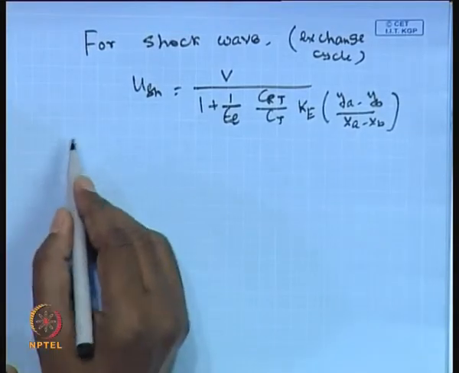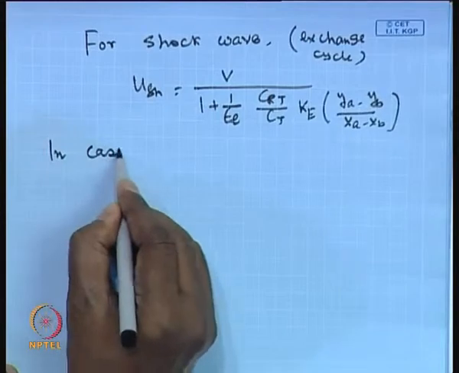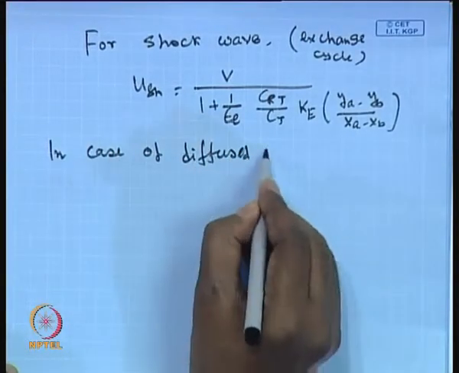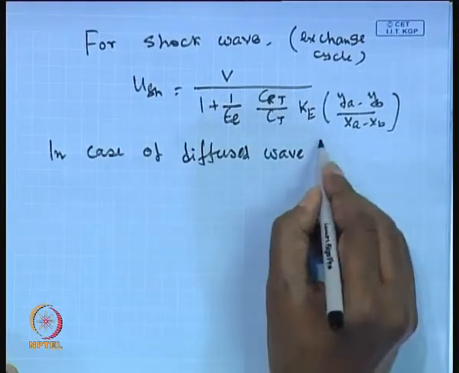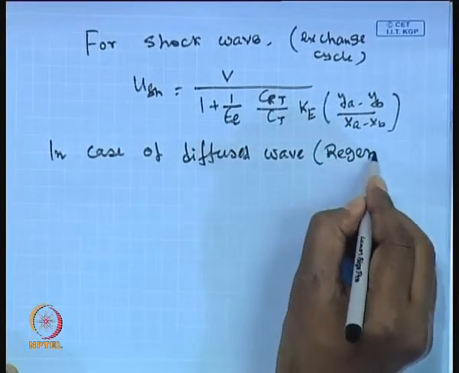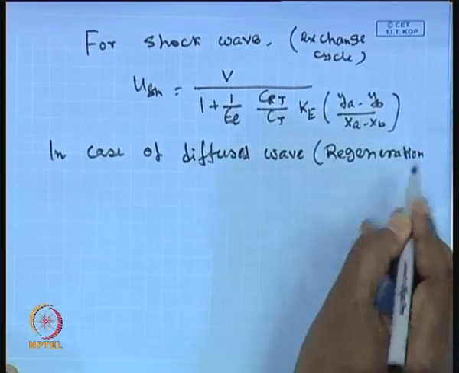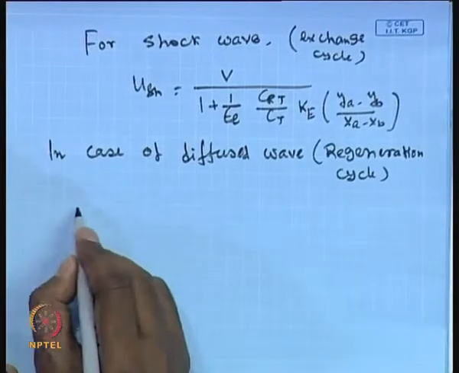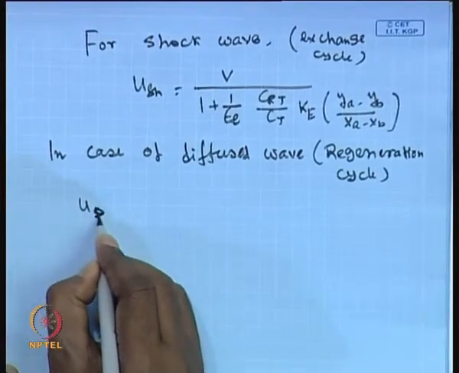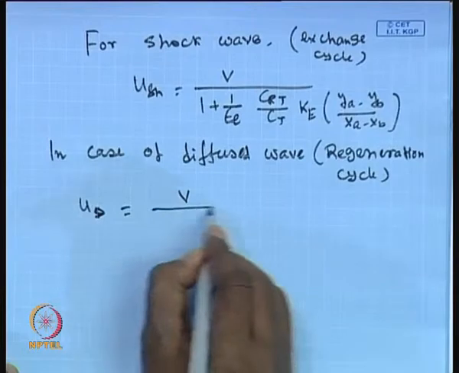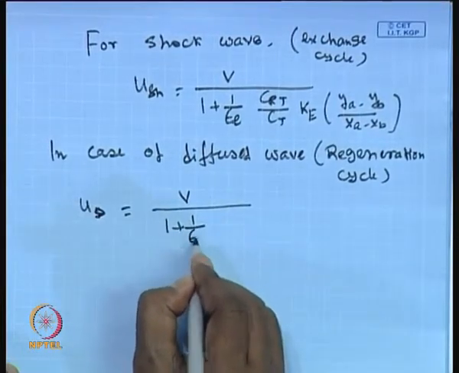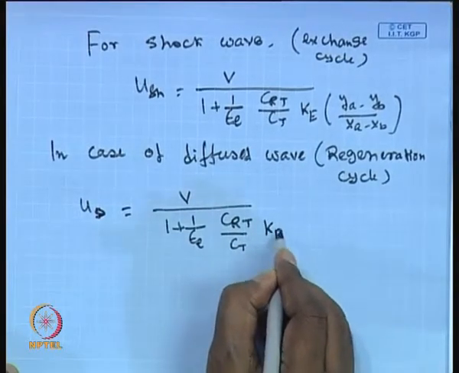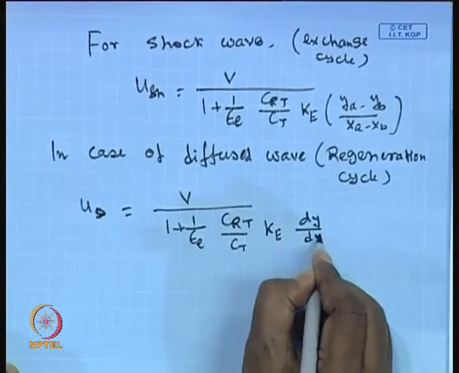And in case of diffused wave, when you will be getting the regeneration cycle, U diffused, let us say, will be velocity divided by 1 plus 1 over epsilon E C R T divided by C T multiplied by K E dy dx.